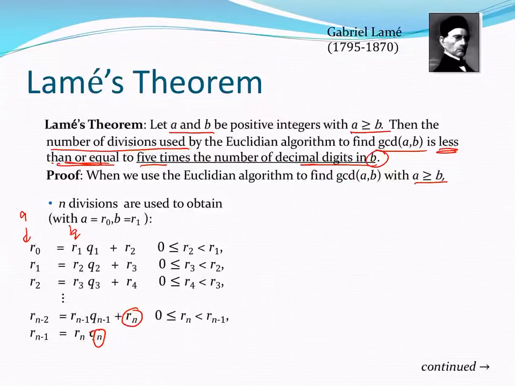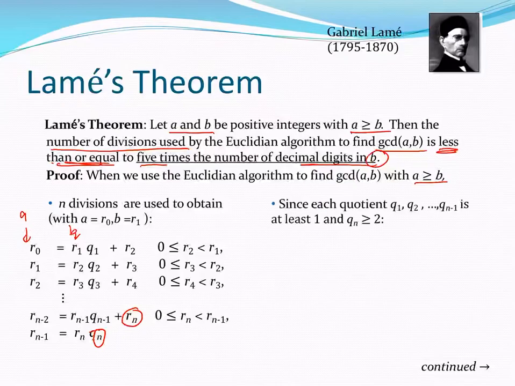All right, so it turns out we're going to be able to relate these remainders to the Fibonacci numbers and eventually b to a specific Fibonacci number.